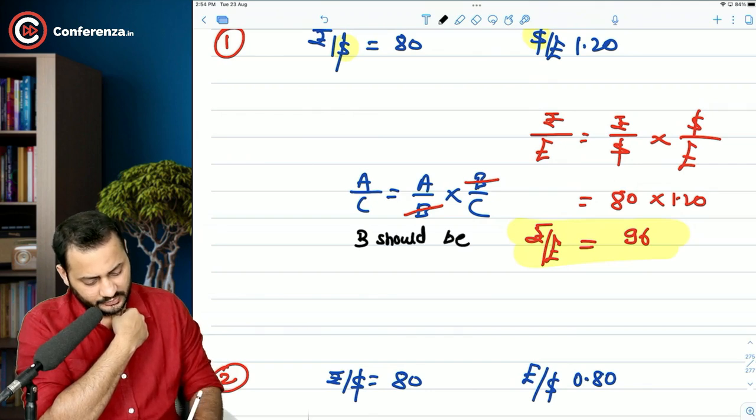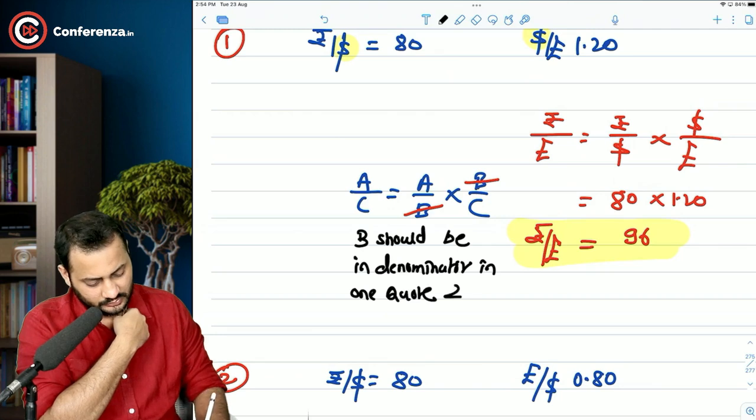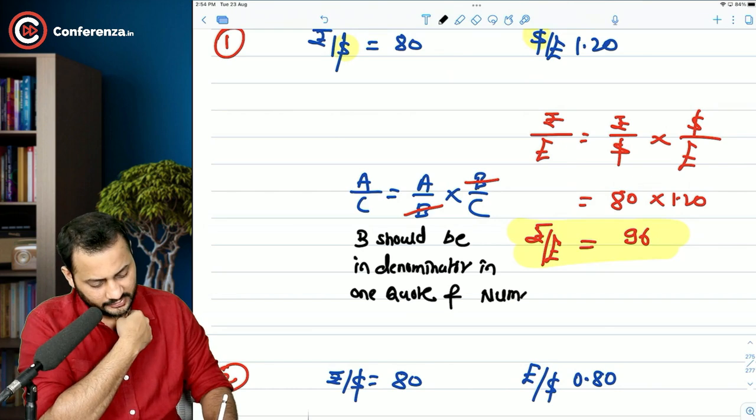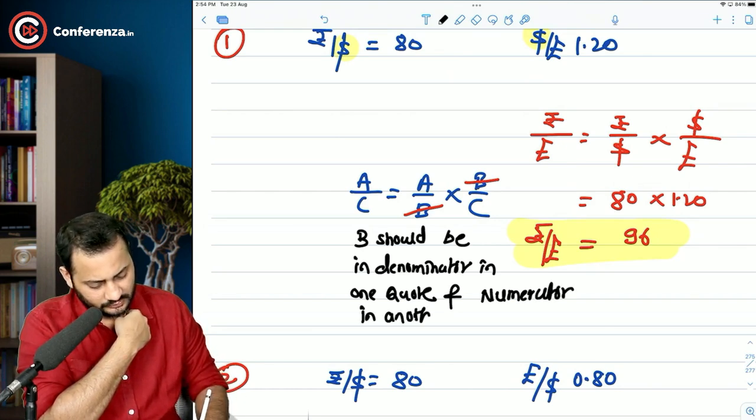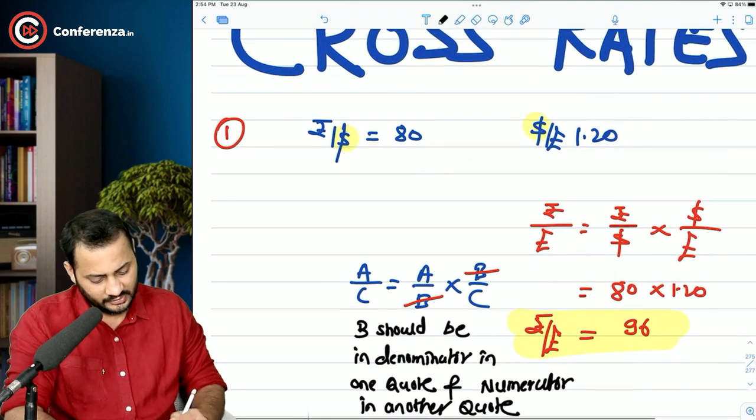B should be in denominator in one quote and numerator in another, right?